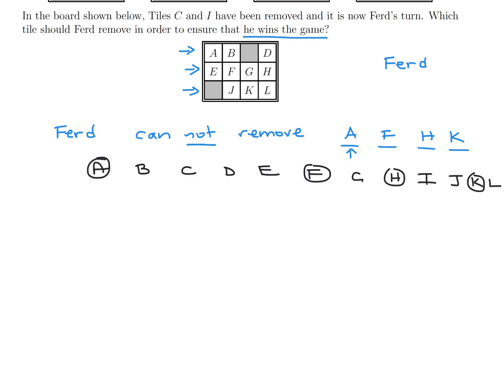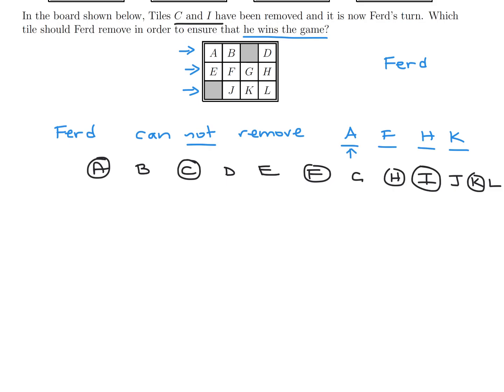Because if he removes those, he automatically loses. C and I were removed already, and as you can see, they're not even there. So C and I have already been taken out, so those have already been taken care of. So now we got to look at B, D, E, G, J, and L.